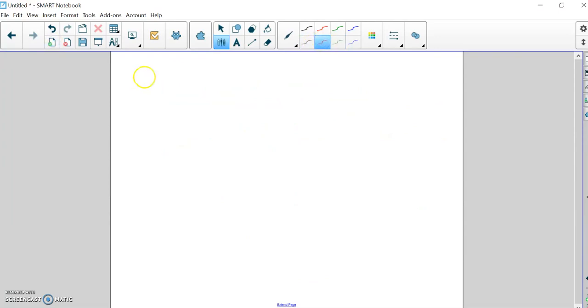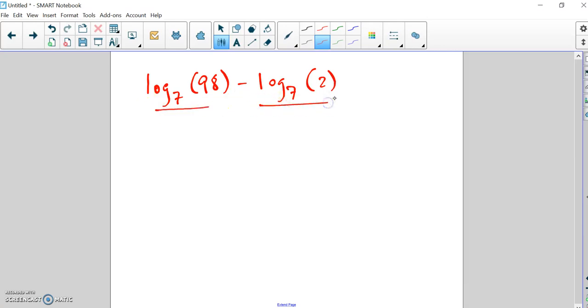So let's say, for example, we had something like log base 7 of 98 minus log base 7 of 2. Okay, we don't know what 7 to what power gives us 98. We don't know 7 to what power gives us 2. So we could not evaluate these as standalone.